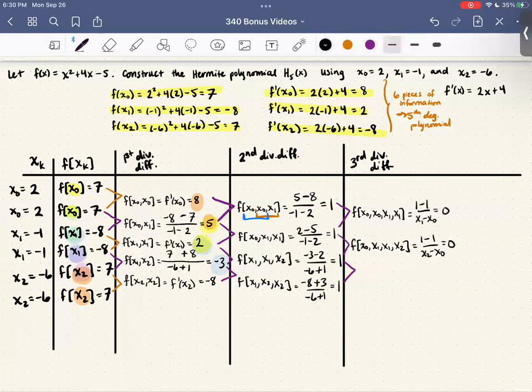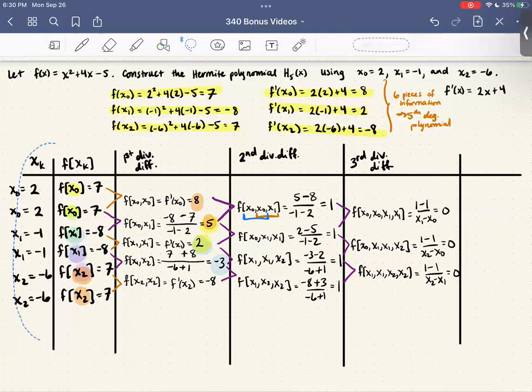And then here I'll have x1, x1, x2, x2. Again, this just happens to be what's going on in this problem, but I'll have 1 minus 1 in the numerator, and then x2 minus x1 in the denominator. So that gives me 0. Okay, I have 2 more columns to do.